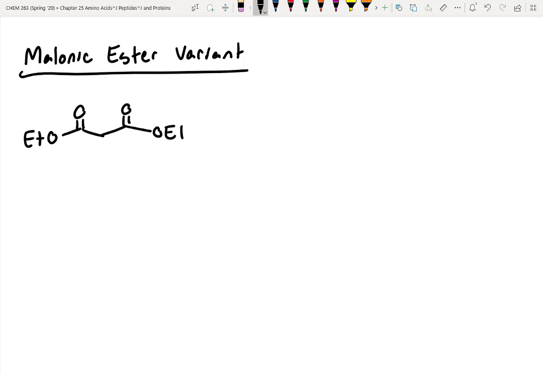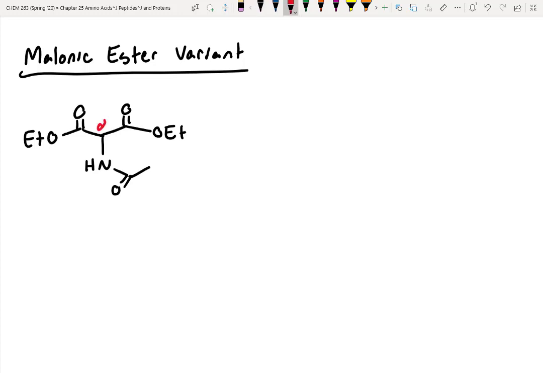However, this time we're going to use a slightly different starting material, and it's going to have this N-acyl group coming off of it. And the neat thing with this is you can buy this commercially. It's nice and cheap. It's commonly bought at a lot of these chemical companies.